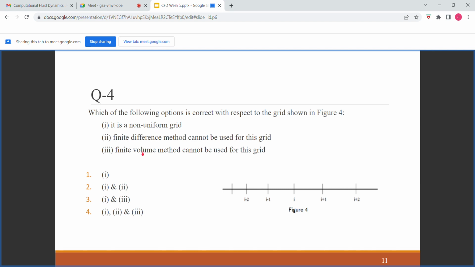Finite volume method cannot be used for this grid is also not true, because we can use the finite volume method also. So the only correct statement is the first statement, that it is a non-uniform grid. Answer is option 1, that is first statement only is correct.